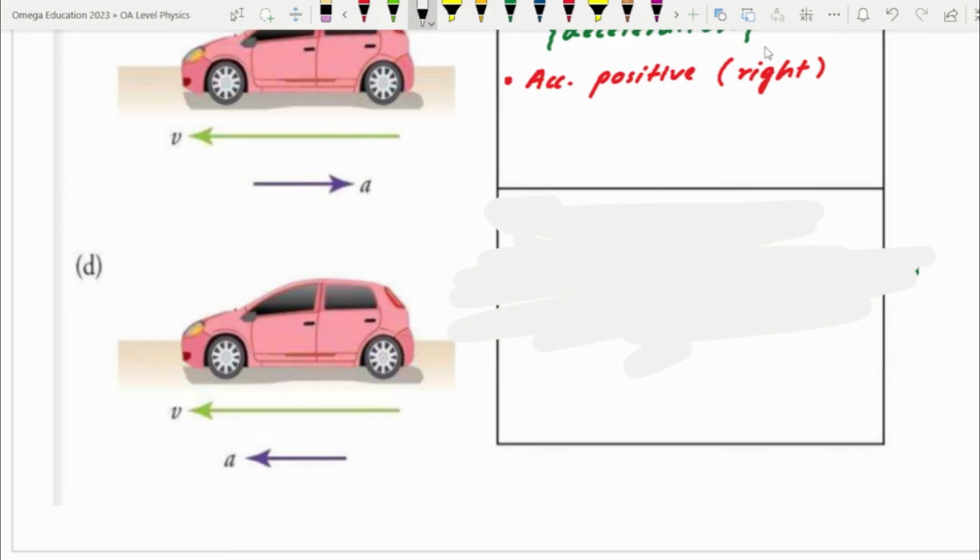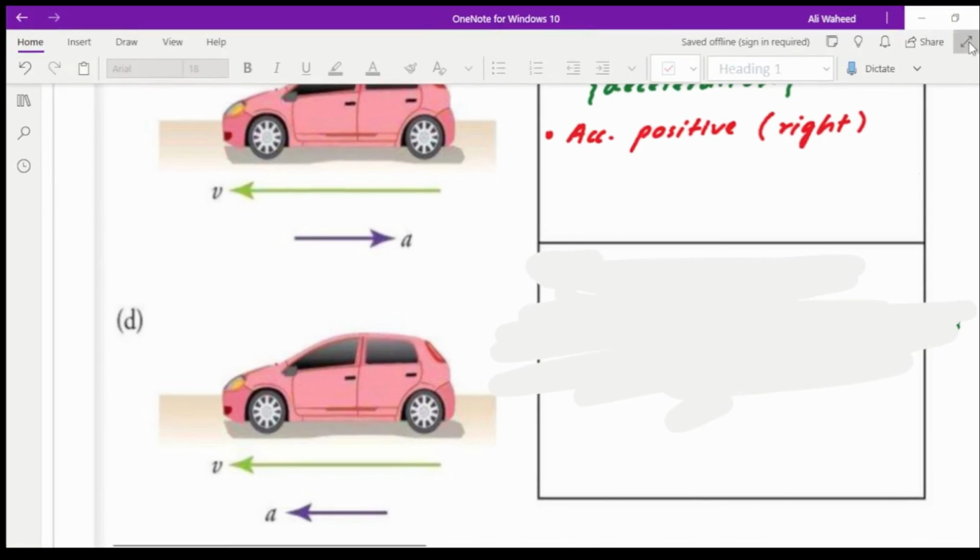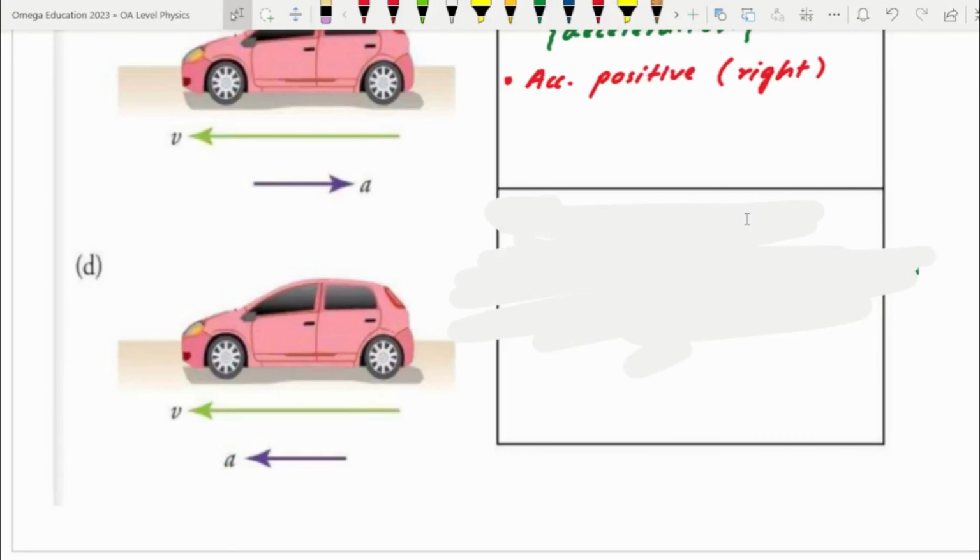How? Very important sentence I'm telling, you can note it down as well. If the direction of acceleration given, which in this case is towards the left side, is in the direction of the motion, then the object speeds up.